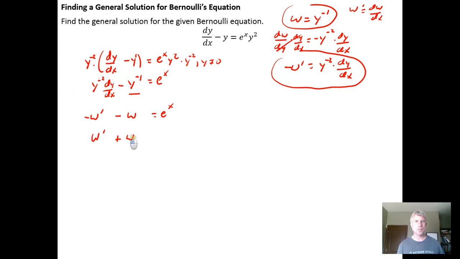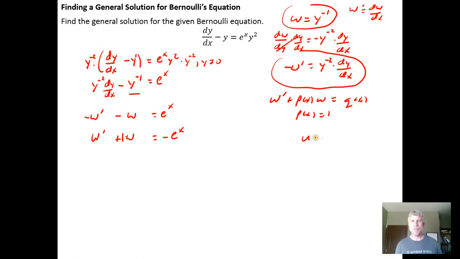So that's going to be plus w equals the opposite of e to the x. When I look at this, what I want to recognize is I have a differential equation with the form w prime plus p of x w equals q of x, a first order linear differential equation which we can solve using an integrating factor. In this case, we want to notice that p of x is equal to 1.